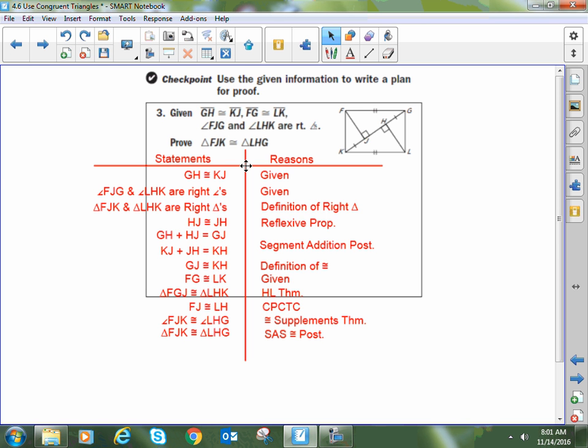And so the triangles have to be the same according to hypotenuse leg. So if the triangles are congruent to each other, then segments FJ and LH are congruent to each other. Then I can say the angles FJK and LHG are the same because of the congruent supplements theorem. And then finally, I can show that triangle FJK and LHG are congruent according to side angle side.